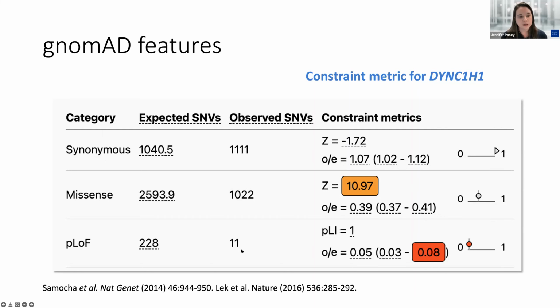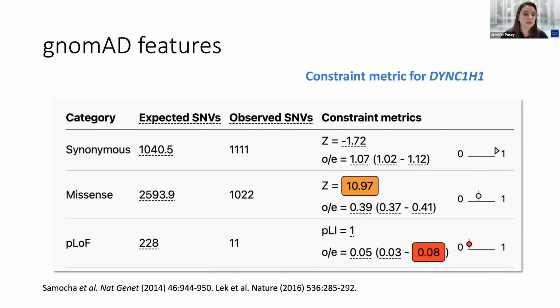It's also constrained for loss of function variants. And you can look here at the observed over expected ratio. There's also a calculation of a pLI score, or a probability of loss of function intolerance, for this gene. When that number is 1, it means the gene is not tolerant to loss of function.